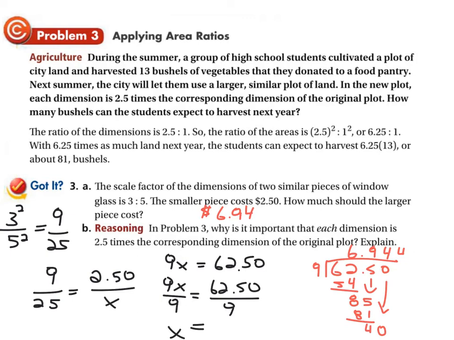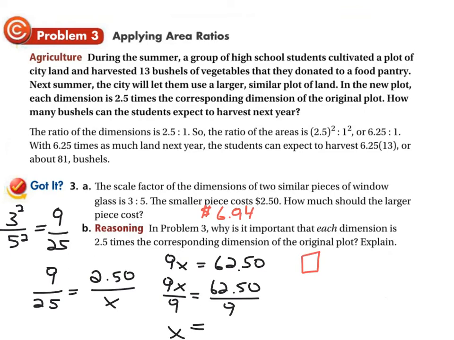Okay? And the last question here, why is it important that both dimensions are 2.5 times larger? Because really what we need to do is we need to say, okay, if you have this size, and we're going to this size, then every little one chunk has to be 2.5 times bigger in each direction in order for us to be able to square the ratio, right?